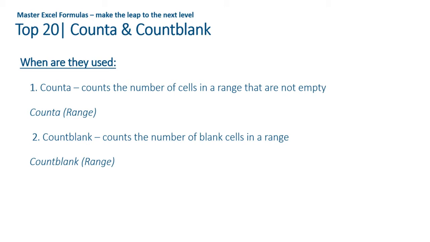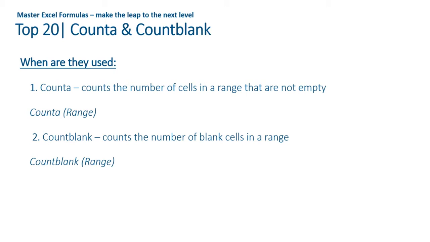So COUNTA and COUNTBLANK. COUNTA is used to count the number of cells in a range that are not empty, whereas the COUNTBLANK formula counts the number of blank cells in a range. And the structure of these two formulas is pretty similar. It's actually the same. All you have to do is enter the range in which you want to count the specific number of cells that have values or that are empty.